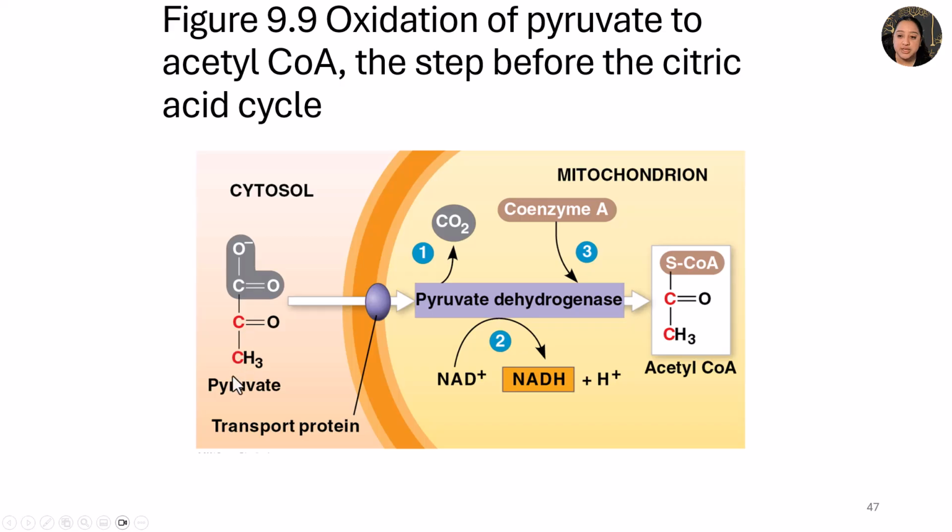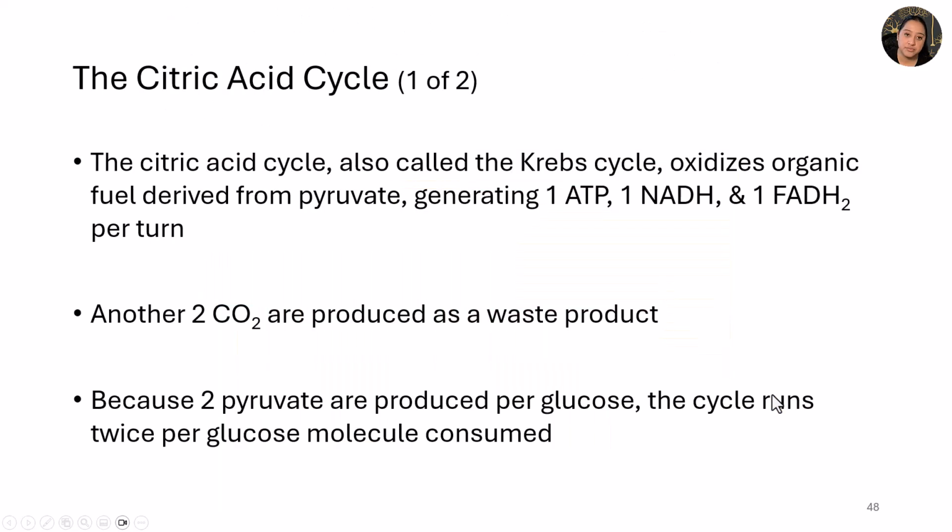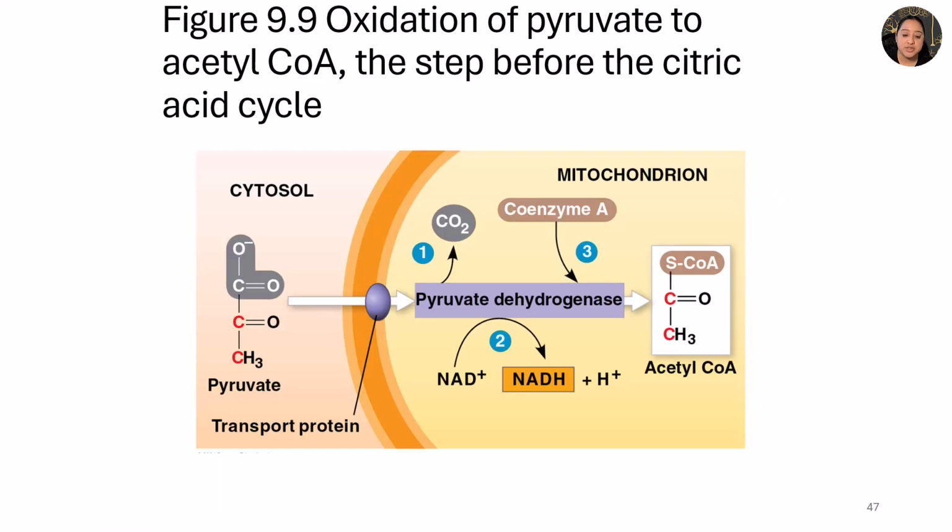And then with the remaining ones, it makes acetyl-CoA. And it also does the reduction of NAD+ to NADH. So now this molecule acetyl-CoA can go into the citric acid cycle.